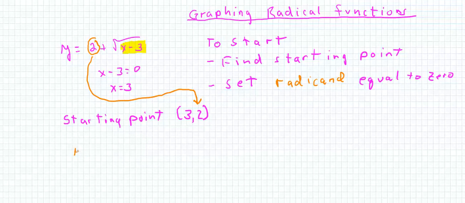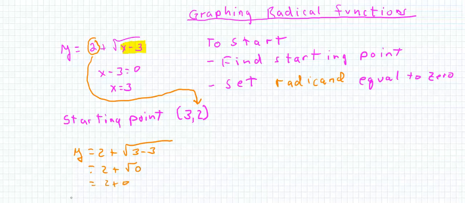Let's look at that once more. Y equals 2 plus the square root of 3 minus 3. 2 plus the square root of 0. 2 plus 0, or y is equal to 2. So our starting point here is 3, 2.